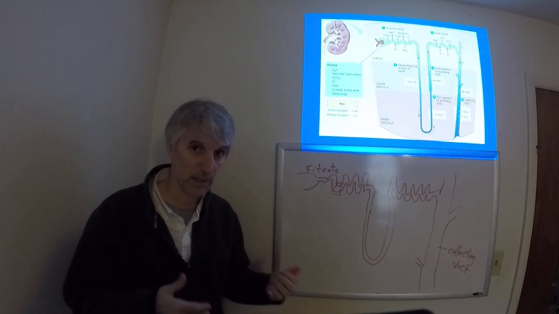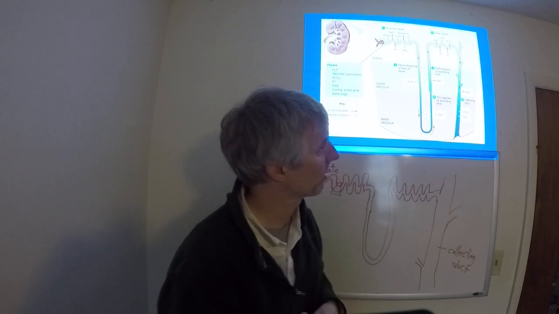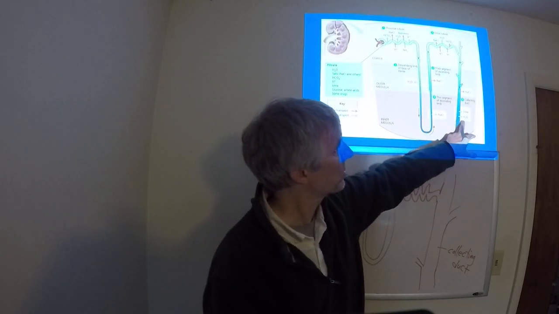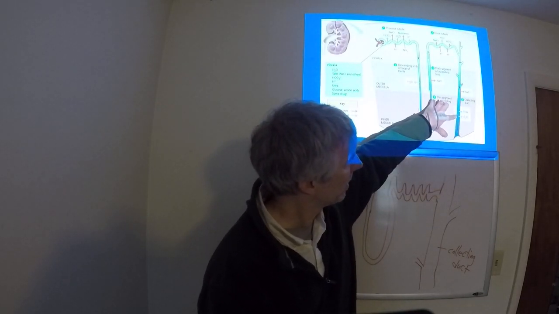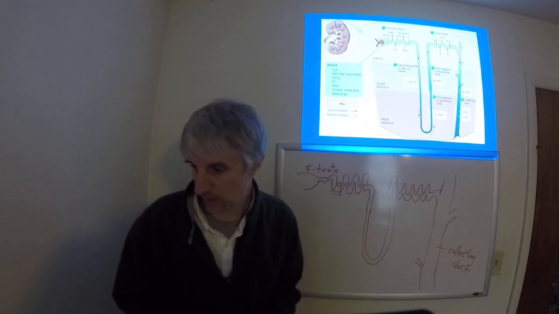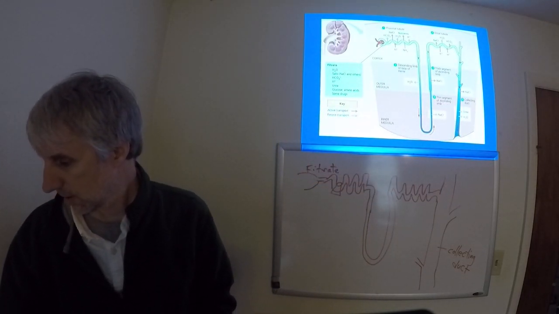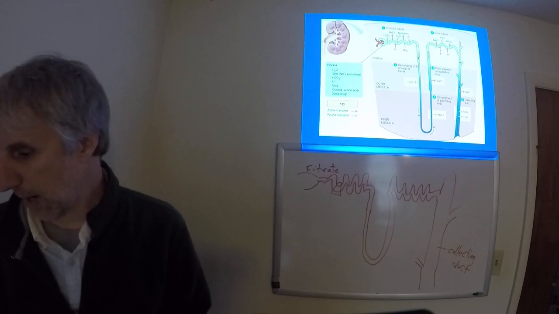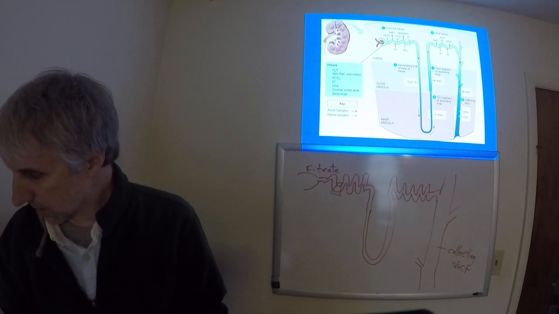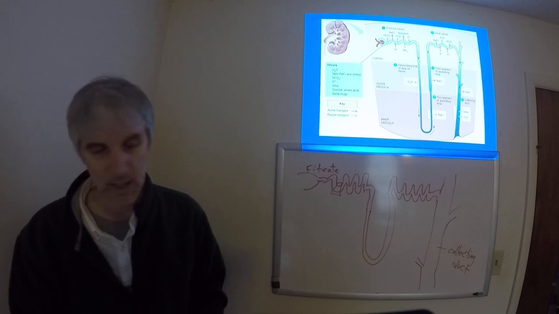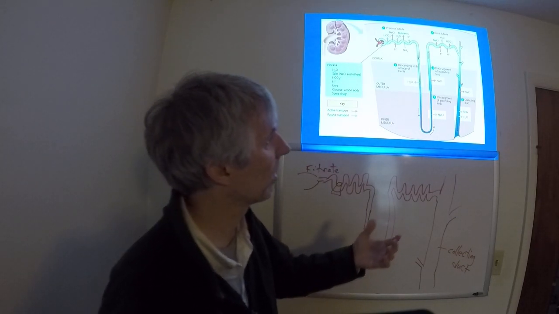We can also make adjustments here. This is a final adjustment to water balance. We can make an adjustment about how much water is going to leave in the same way that we can make adjustments to salt.